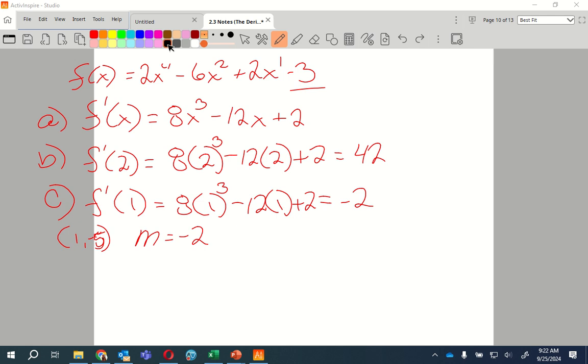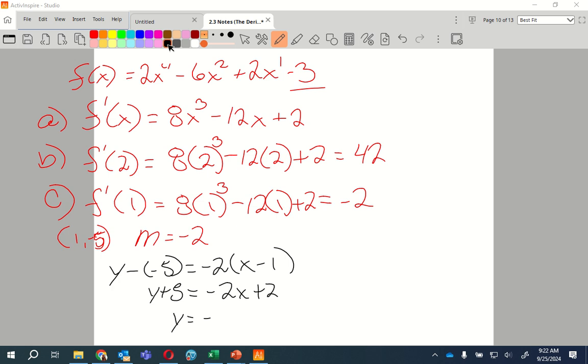Point-slope: y minus negative 5 equals negative 2 times the quantity x minus 1, and I get y plus 5 equals negative 2x plus 2, so y equals negative 2x minus 3. So that is my equation of the tangent line.